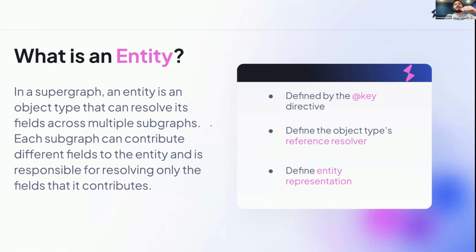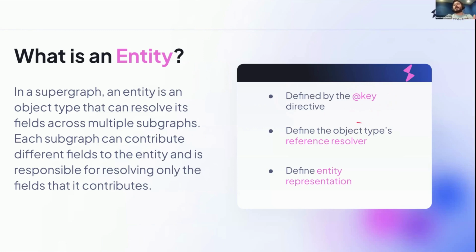So an entity is a special type for federation where we can have this type resolved by different subgraphs, and each subgraph just needs to resolve the fields that it defines. And we shouldn't have two subgraphs defining the same fields for an entity. And this is where the key directive stands out, because we define the entities through this key.